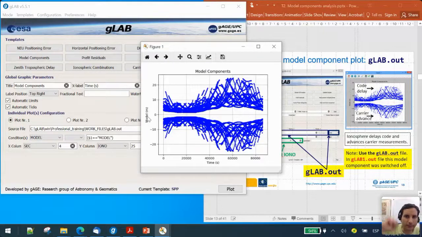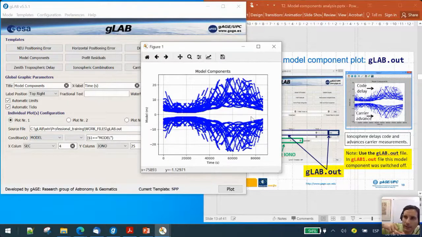You can see that the result is specular. There is a symmetry in 0. This is because the ionosphere affects differently the code measurement. For the code, these absolute measurements that Jaume was introducing in the previous lecture, it delays the code.